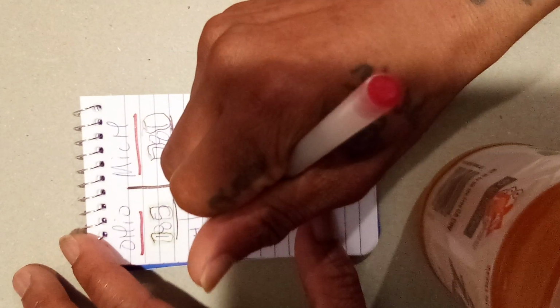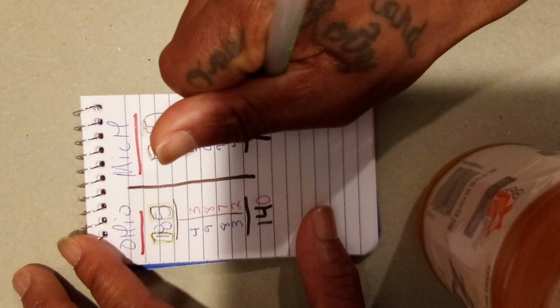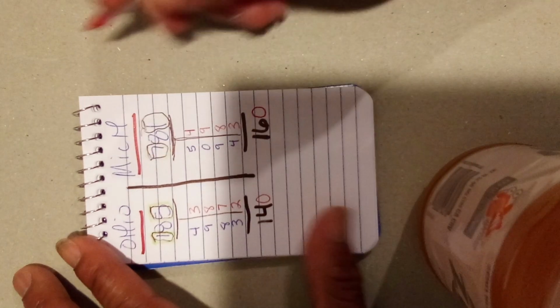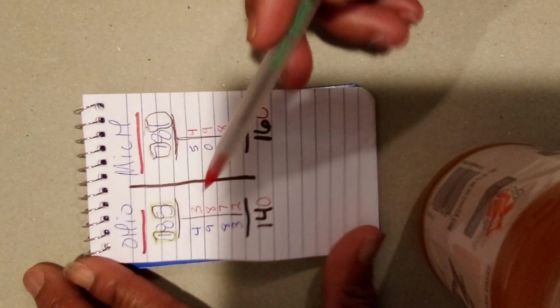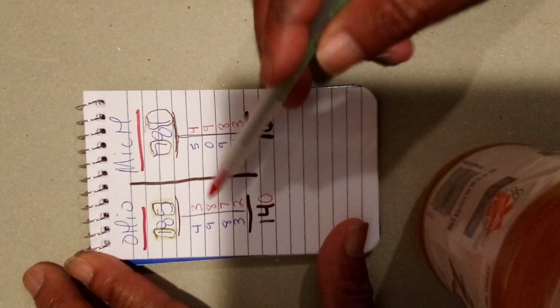Those two numbers are filled in with zeros because they are sum counts. And then from there, we use the pairs. We match the pairs up.